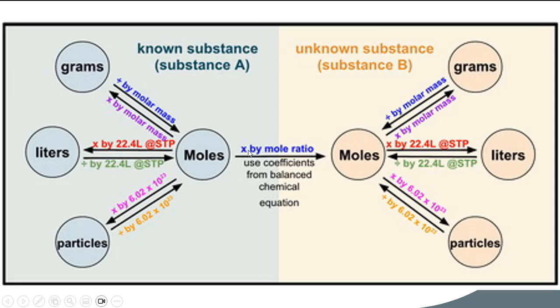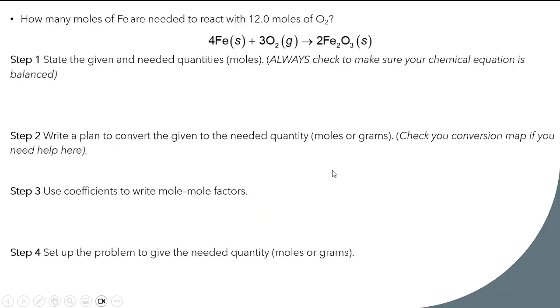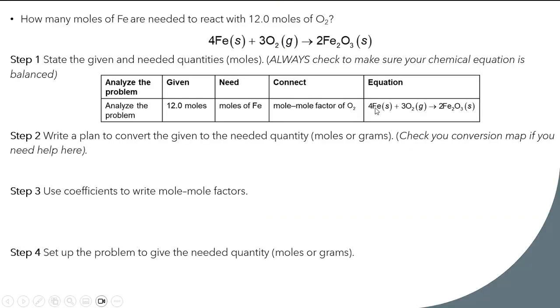So our connection here is our mole to mole factor or our mole ratio. We don't need to worry about molar masses here because we're only going from moles of known to moles of unknown. It's just a one-step calculation. And the other information we need in order to create that mole factor is our balanced chemical equation. We look at the coefficients in front of those reagents to develop that mole factor.